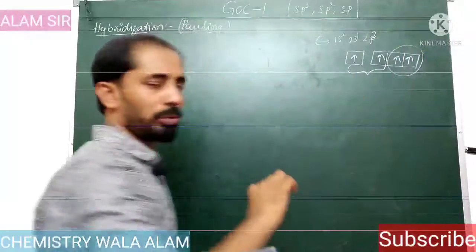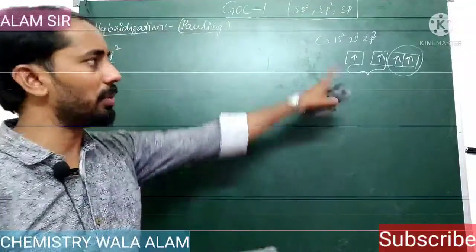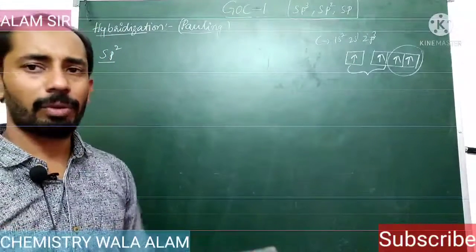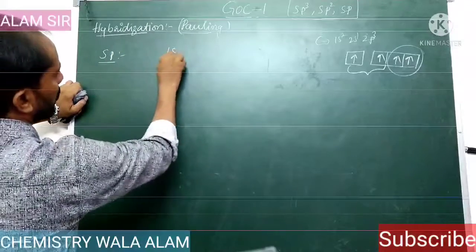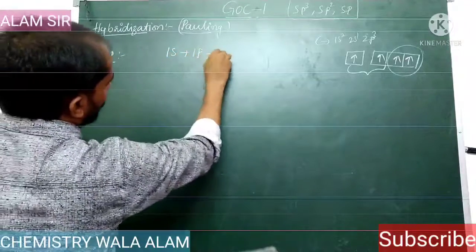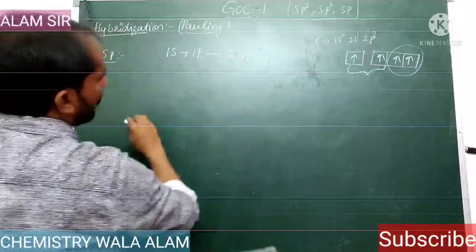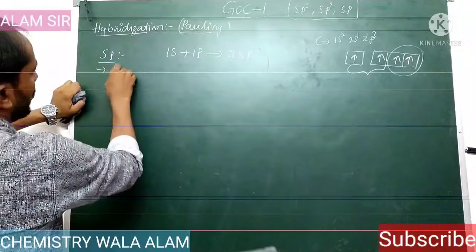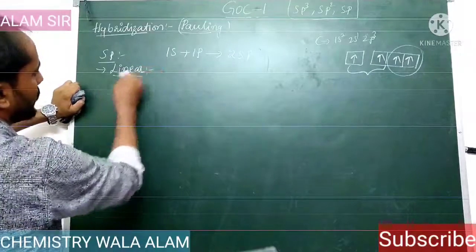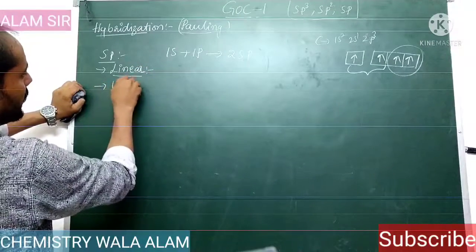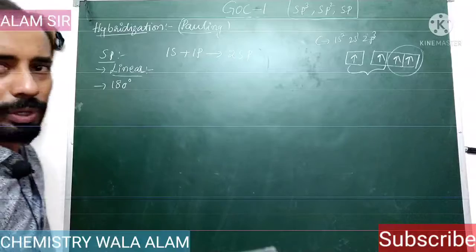The remaining two p orbitals are unhybridized, and each will form one pi bond. Take one carbon: intermixing of one s orbital and one p orbital results in the formation of two sp hybrid orbitals. This is also called linear hybridization. The bond angle is 180 degrees.